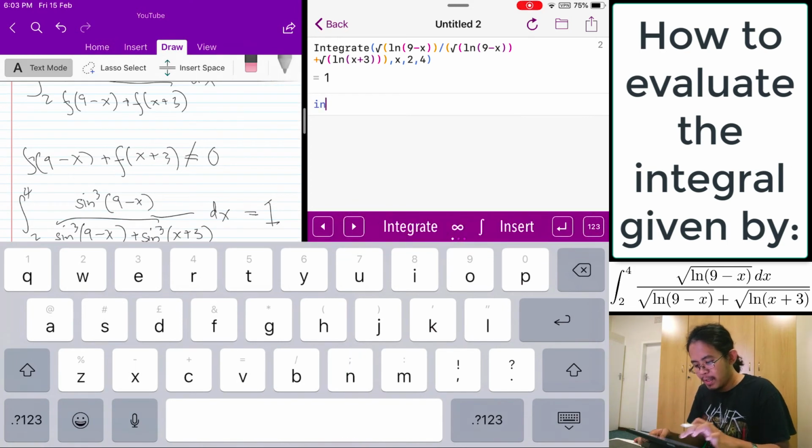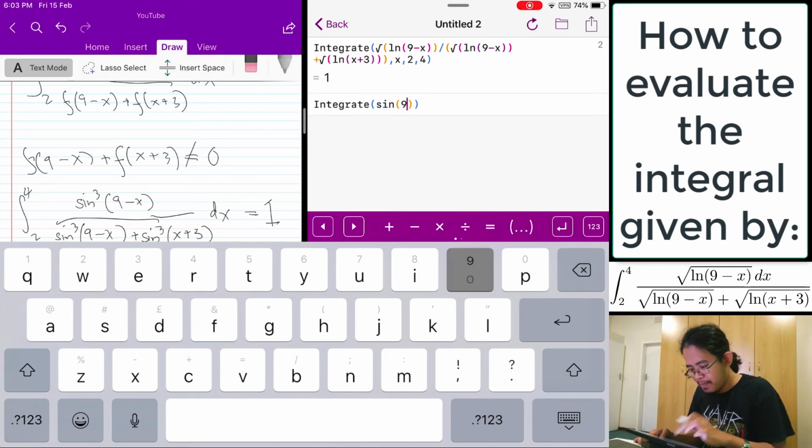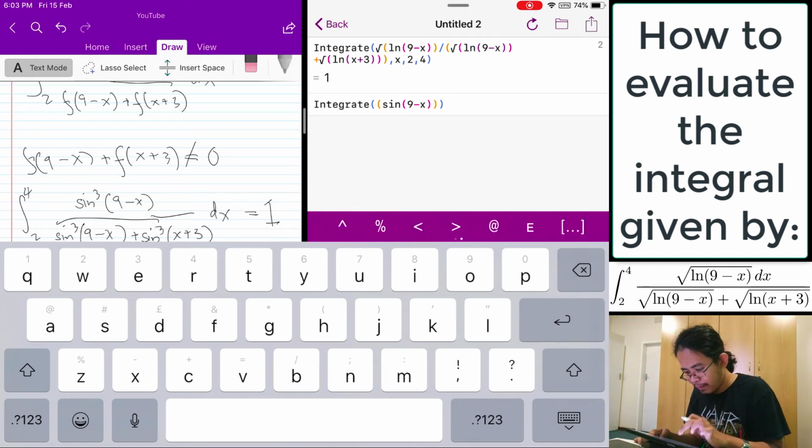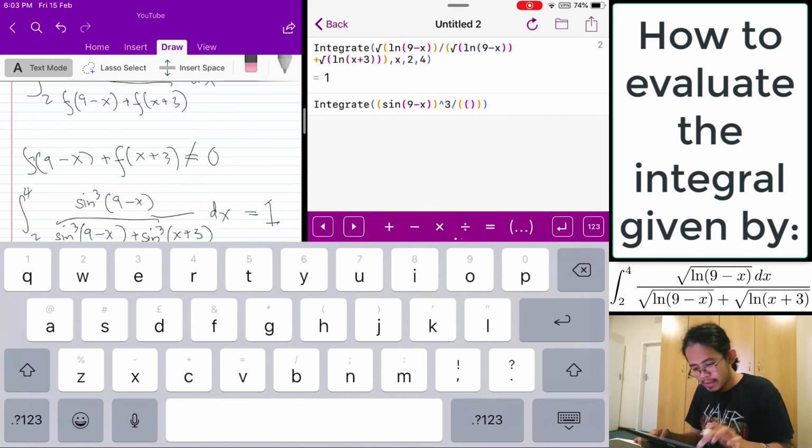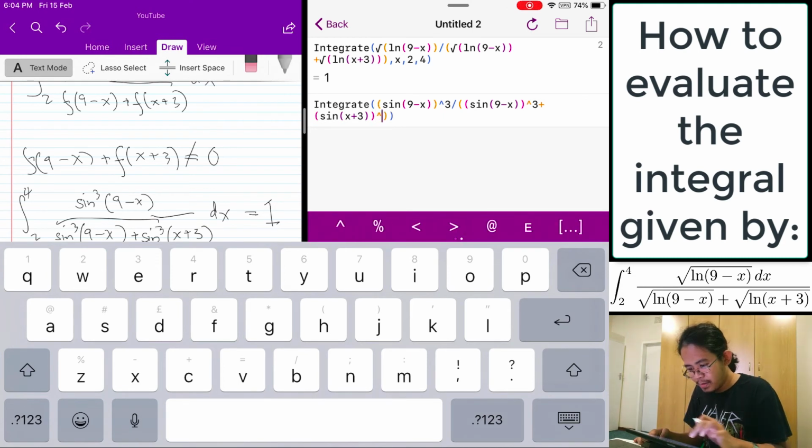And in fact, just to make sure that we are right, we evaluate sine of 9 minus x, with parentheses around the whole thing because we're going to raise it to the third power, divided by sine of 9 minus x raised to the power of 3, plus another sine, this time of x plus 3, raised to the power of 3.